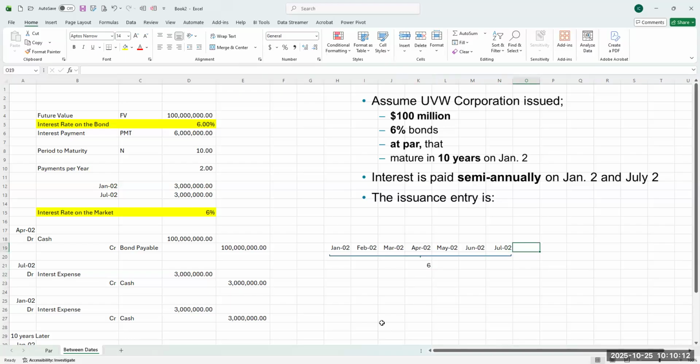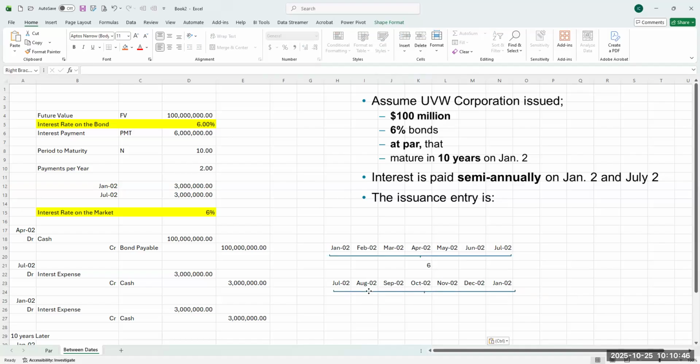And then I have another one, starting July 2nd: August 2nd, September 2nd, October 2nd, November 2nd, December 2nd, and January 2nd. So now I have another 6 months, and that gives me 1 year, correct?